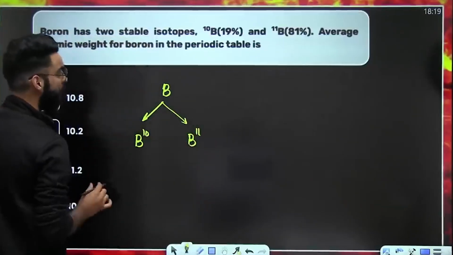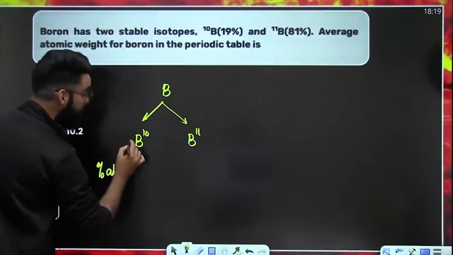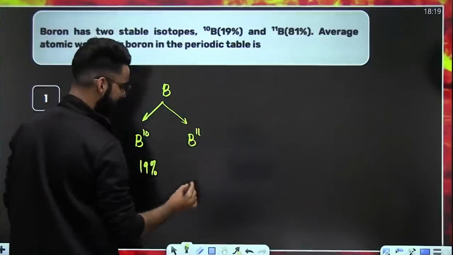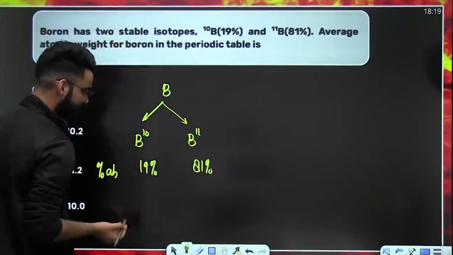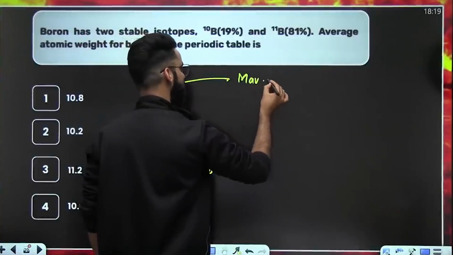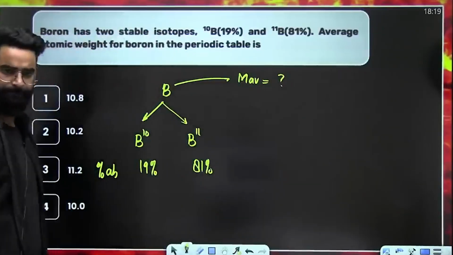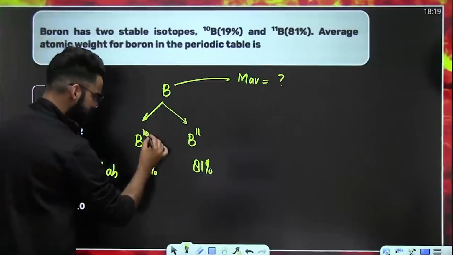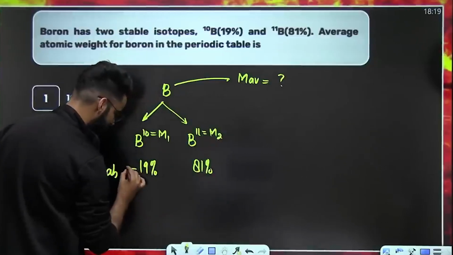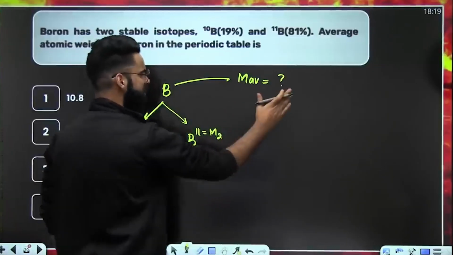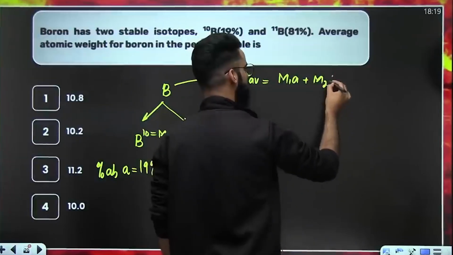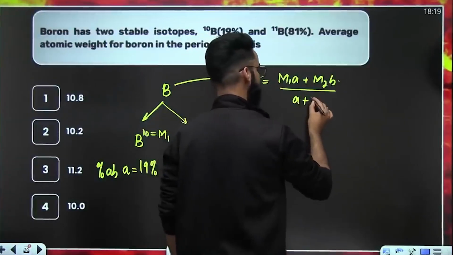As per the question, the percentage abundance of boron 10 is given to us as 19, and the percentage abundance of boron 11 is given as 81. We are supposed to calculate the average atomic mass of boron. This is M1, this is M2, this is the value of A and this is the value of B. Just use the formula, nothing else: (M1A plus M2B) divided by (A plus B).